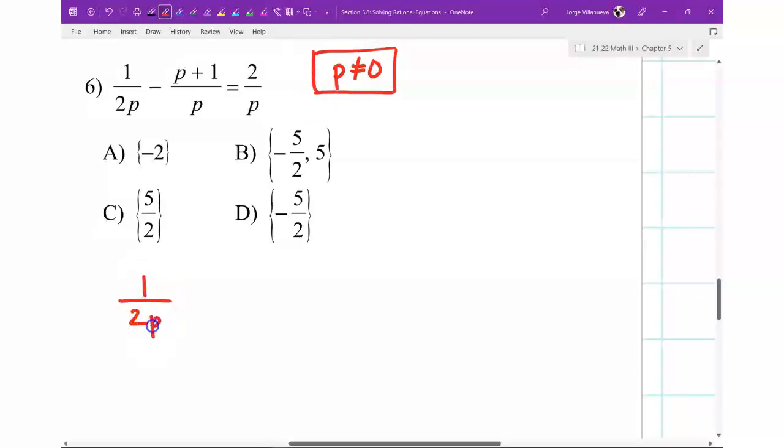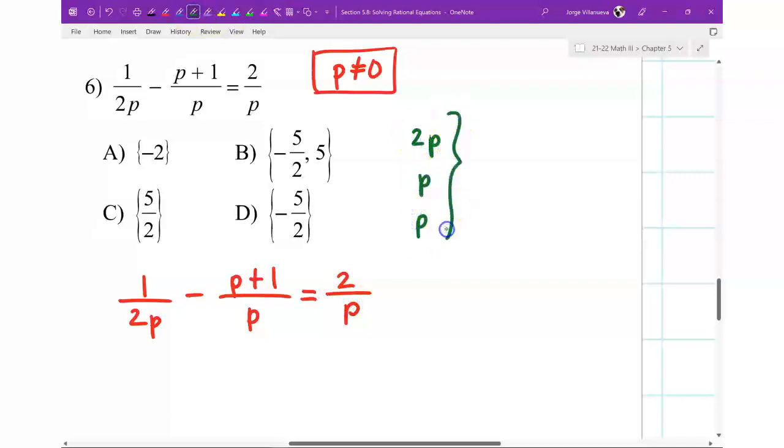1 over 2p minus p plus 1 over p equals 2 over p. I'm going to write down my denominators. 2p, p, and a p again. What number do I use for my least common denominator? A 2, right?